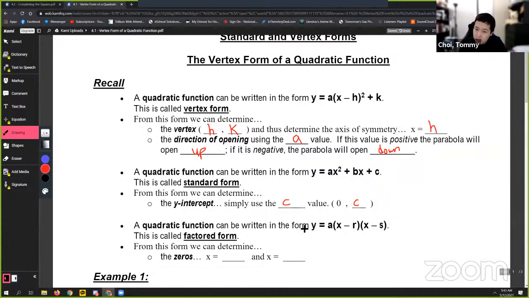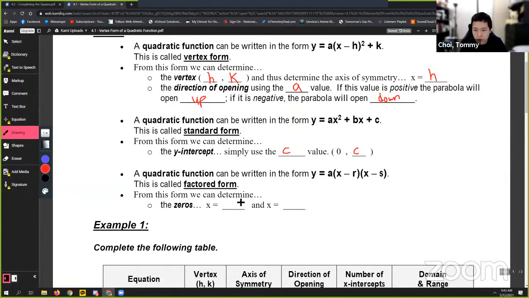Then the last thing we did from Unit 3 was to factor it and tell me what are the factors. And what the factors give us is going to be the x-intercepts, which are the zeros, which is x equals r and x equals s, right? And don't worry, r and s are just random values. We know how to solve it in case it's not just r and s, right? We set each bracket equal to 0.